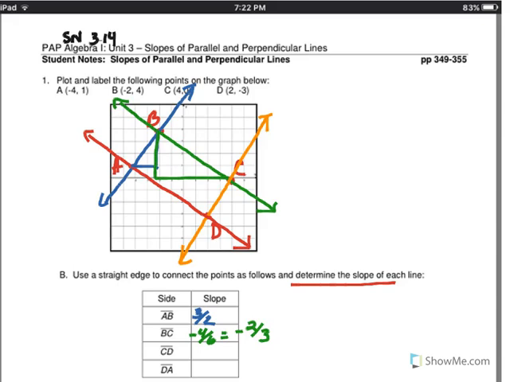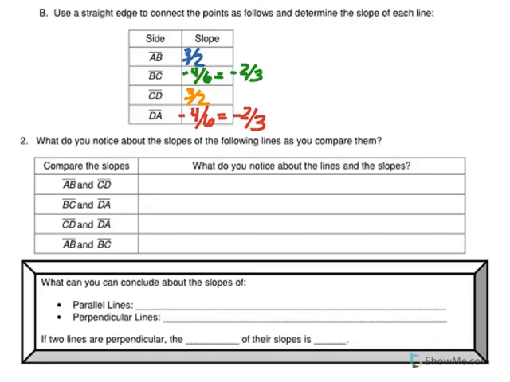And then on CD, again, we're going to do rise over run, and it has positive slope of 3/2. And then finally line AD, again, let's do rise over run, and again, we have the -4/6, which we can reduce to -2/3.